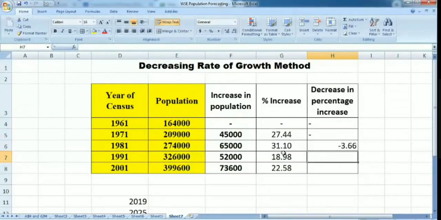Because we are going for the decreased rate of growth method. Actually, from one decade to the next decade, the population should have decreased. But what has happened now? It has increased. So this is equal to this minus this. Similarly, this minus this.